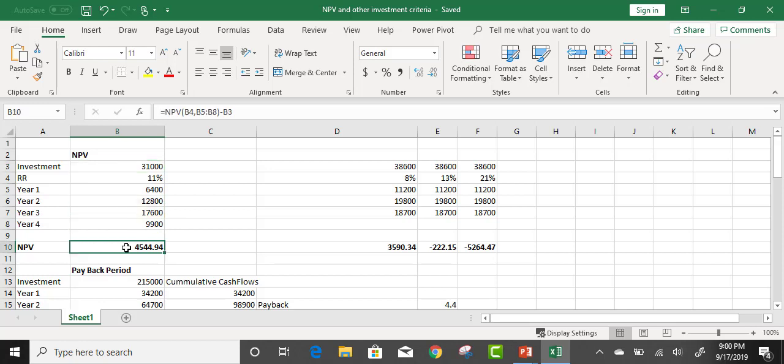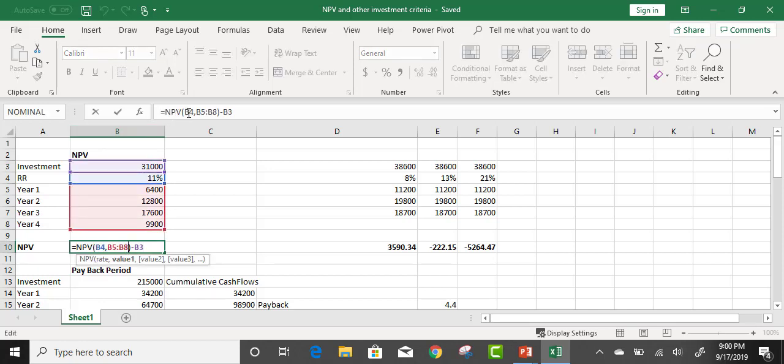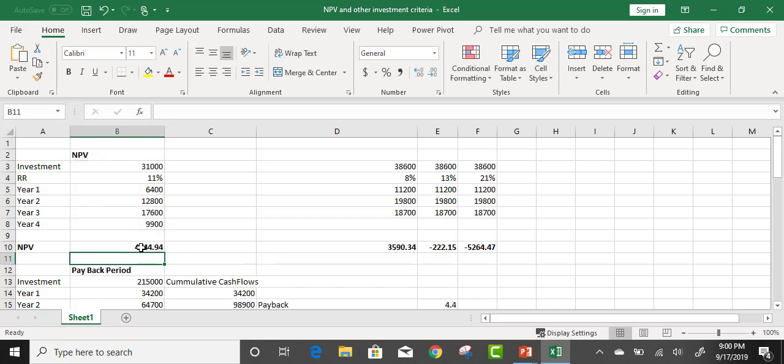There is a function in Excel called NPV, which requires you to input the rate and the cash flows. The rate is followed by all the cash flows, and then the cash outflow is subtracted from the NPV of the cash flows. So it is the difference between discounted cash inflow and discounted cash outflow. With this equation, the value of NPV is positive. So NPV is greater than 0, and the project is accepted.